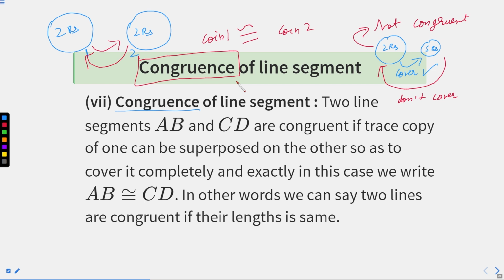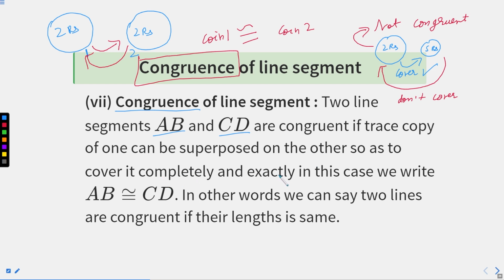Now, congruency of line segments, what does it mean? Similar concepts apply here. Two line segments, say AB and CD, are congruent if a trace copy of one can be superimposed on the other so as to cover it completely and exactly.